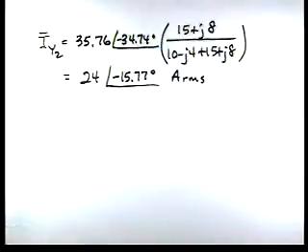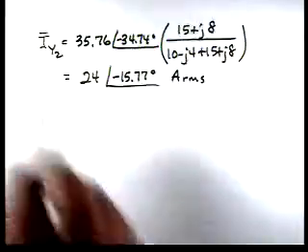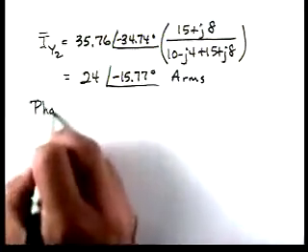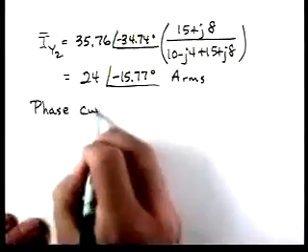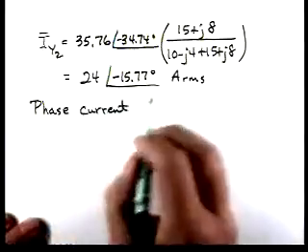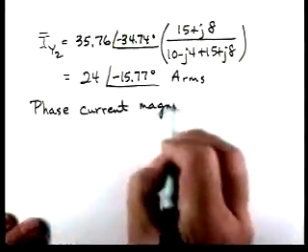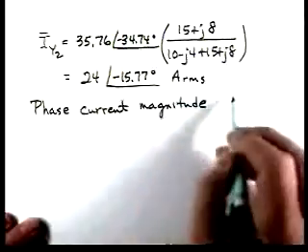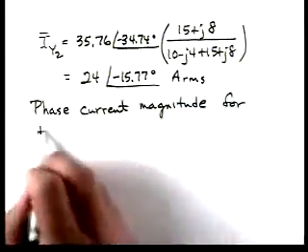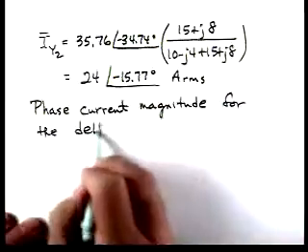Now, that's the line current for the second load, but our load is delta connected. So what we need is the phase current magnitude for the delta connected load.